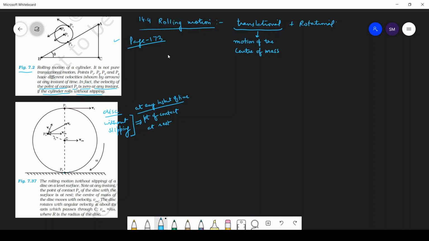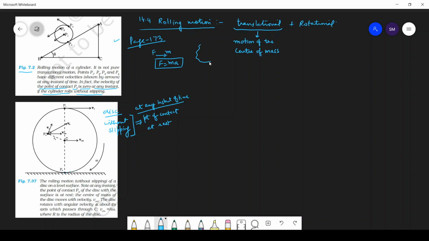We have studied that on this mass particle, a force F is applied, and this particle will accelerate. If it has mass m, then it will accelerate with the acceleration a. So force is equal to mass into acceleration.